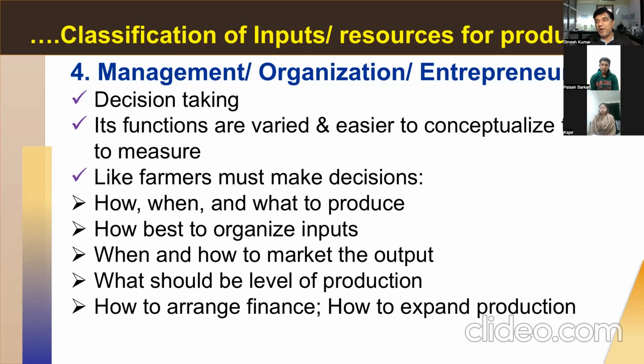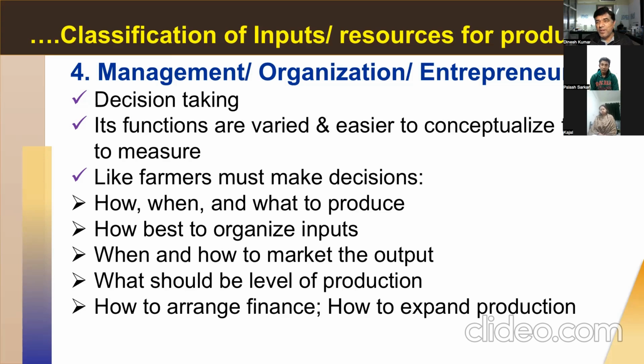Every day the farmer takes a number of decisions. Should I control my weeds today? Should I control my weeds tomorrow? Should I use chemicals? Should I use cultural practices, or what? Just think that every day the farmer has to make decisions about crop production. And not just during crop production, but before it too.